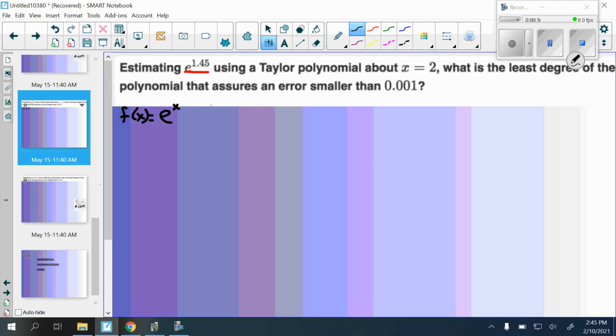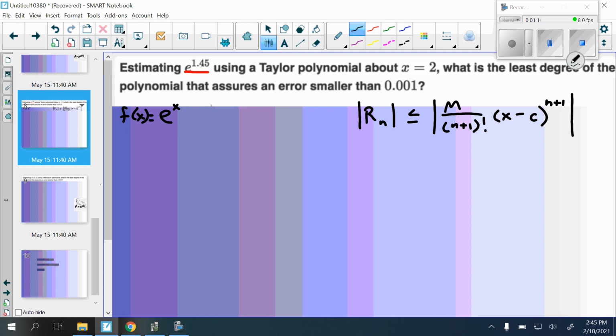Like other problems, we know we're going to need to find some derivatives of this because our error to whatever number we're looking for should be less than or equal to the absolute value of that M value over n plus 1 factorial, and then we've got x minus whatever that value is, we'll call it c, to the n plus 1 power.